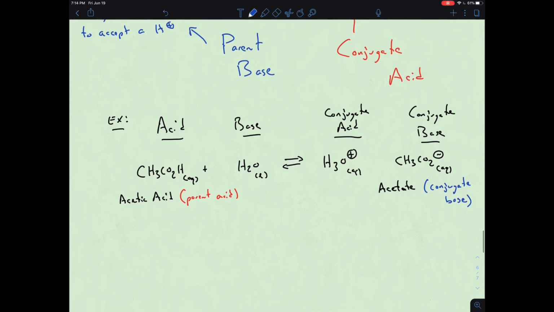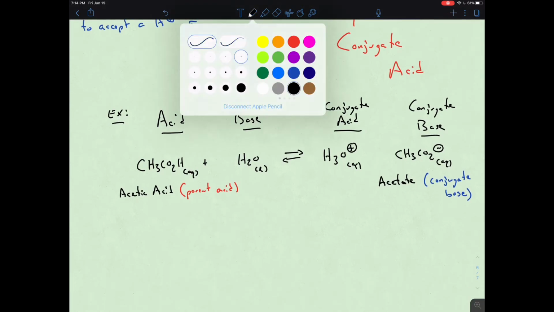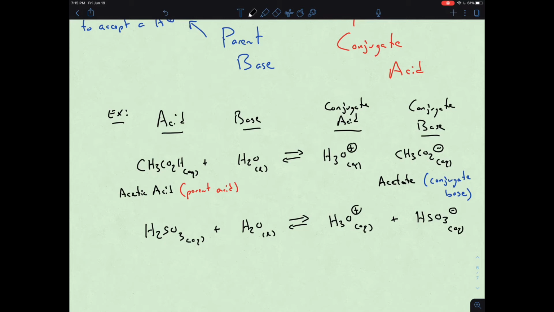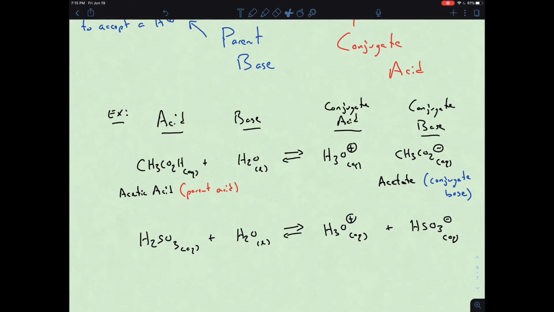As another example, we could look at H2SO3. This is an acid as well, and so it generates hydronium ion, and then after just loss of one proton, we end up with hydrogen sulfite.